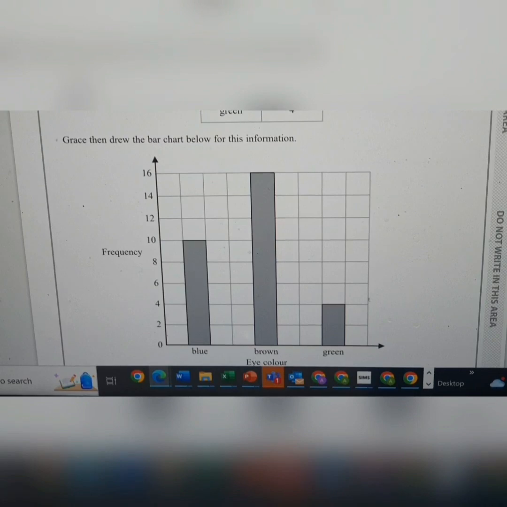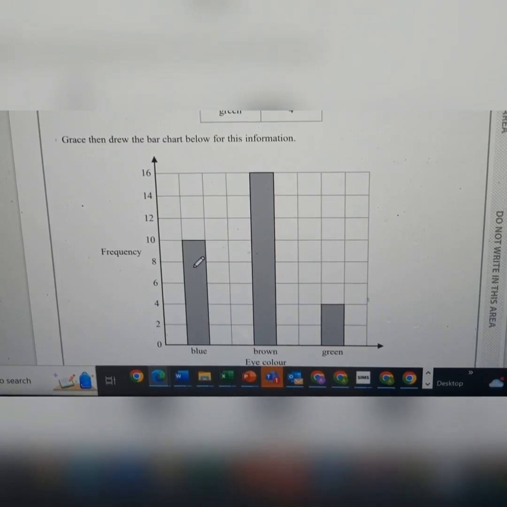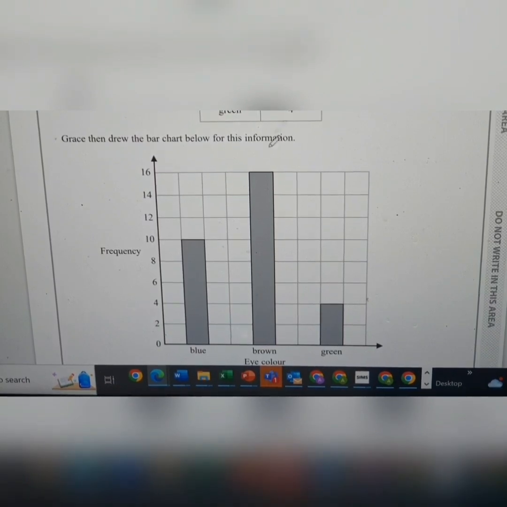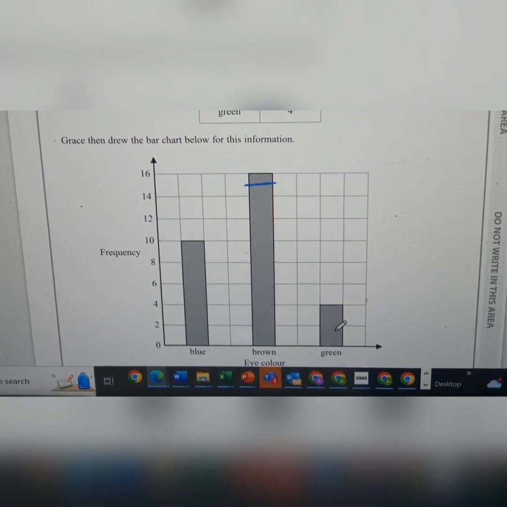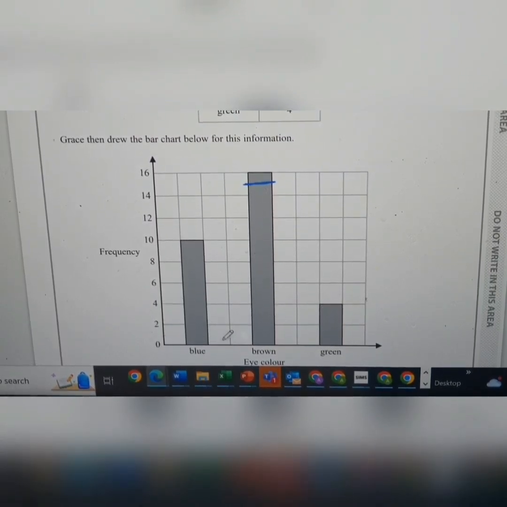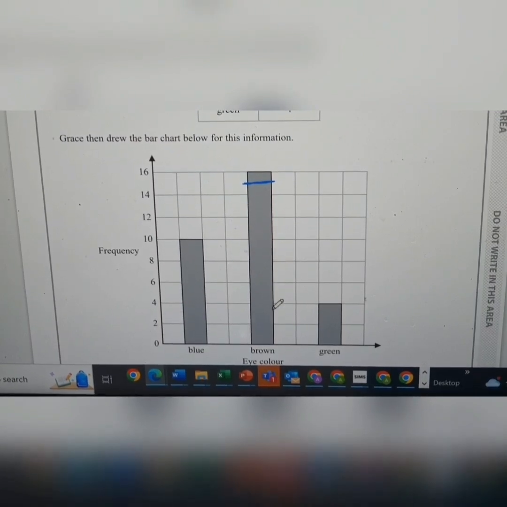So blue, she's gone up to 10, which is fine. Brown should be 15. She's gone up to 16. So brown should be here. And green, she's gone up to 4. So these two bars are correct. They're equally spaced. But the brown bar is incorrect.